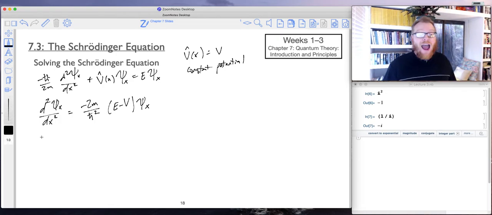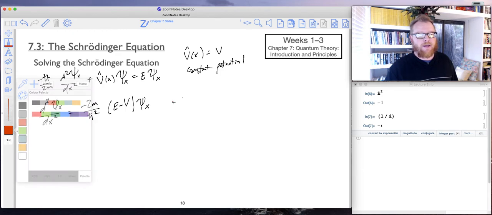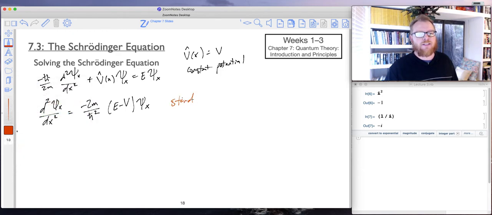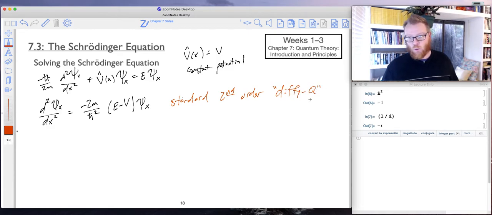Okay? And so as it turns out, this is what I'm going to call, I'm going to change color here to make it stand out. So this is a standard second order diffie q.